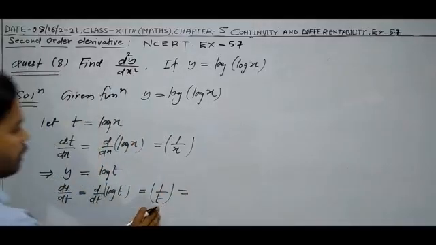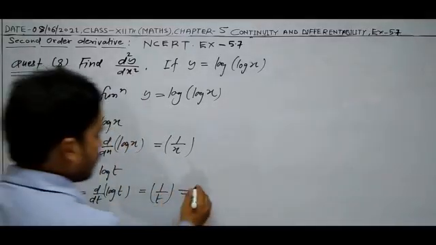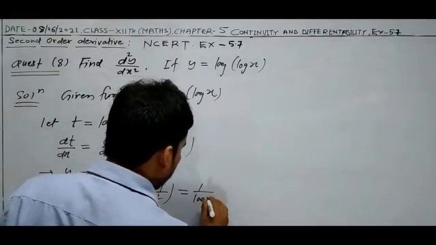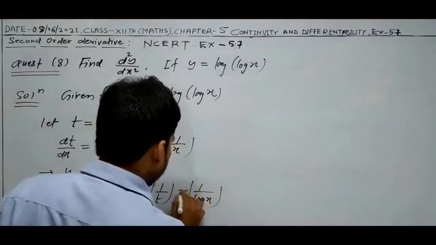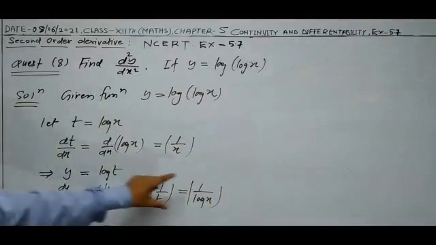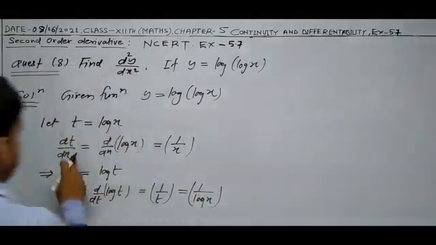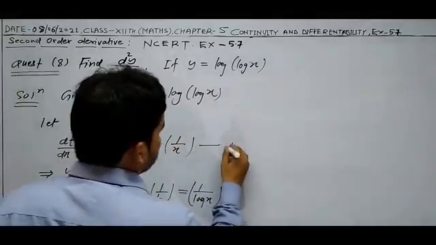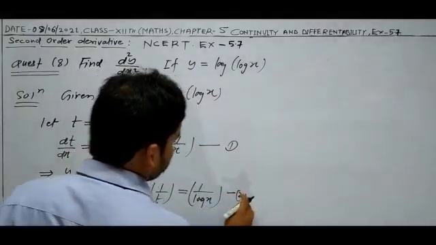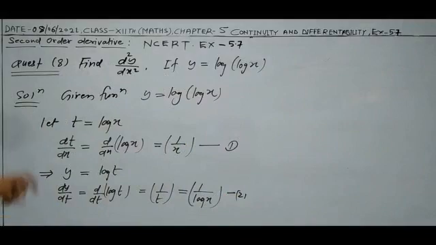Since you have considered t as log x, the result is 1 upon log of x. So dy by dt is 1 upon log of x, and dt by dx is 1 upon x. Consider these equation 1 and equation 2. So how will you get dy by dx? We use the chain rule.